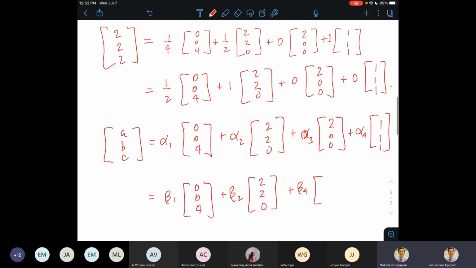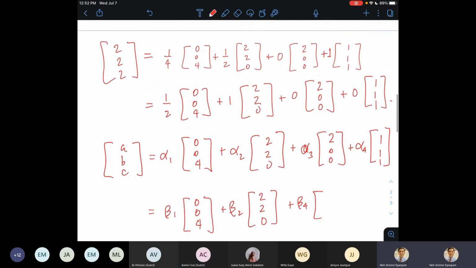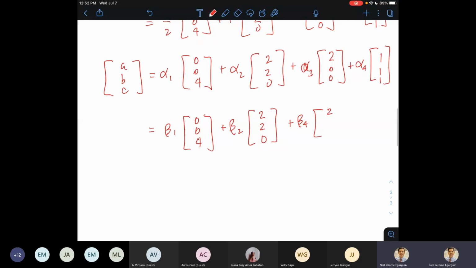We found two different quadruples: the first one is 1/4, 1/2, 0, 1, the other one is 1/2, 1, 0, 0, which gave us the same vector 2, 2, 2. But Ma'am Ao is right in pointing out that the question is quite generic. It's asking us to show that the representation of all elements is not unique.